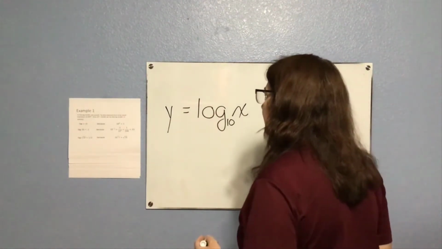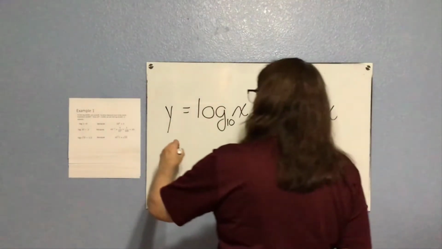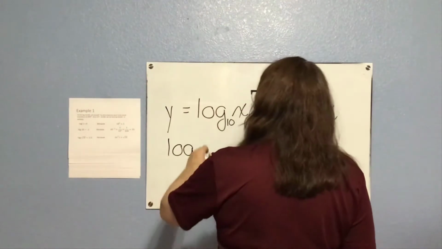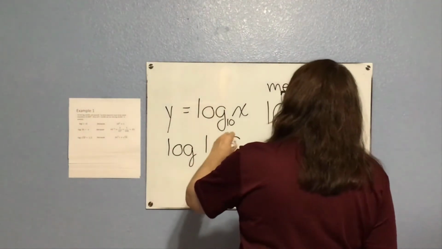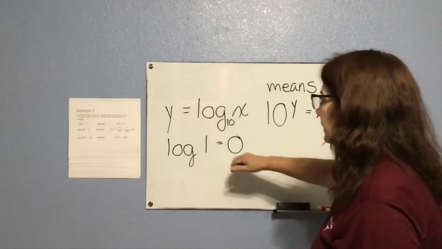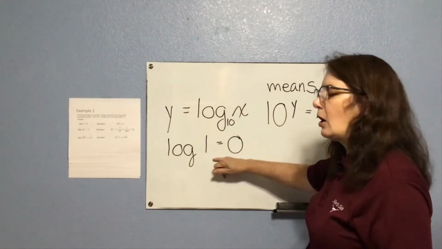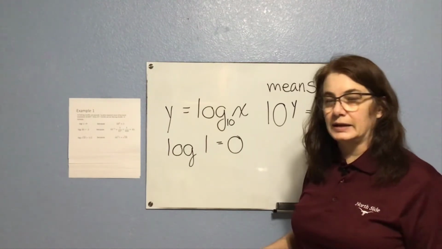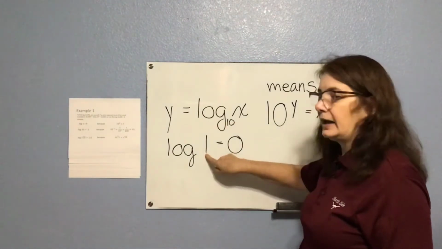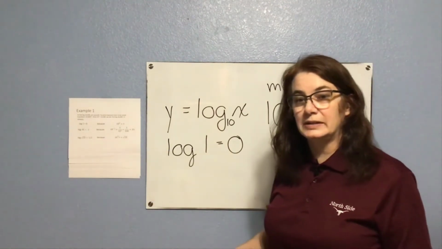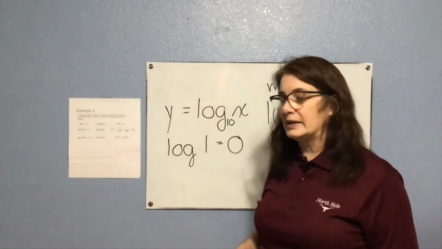So let's look at some logarithms and their values. The logarithm of 1 is 0. This is asking basically, what exponent do I need to raise 10 to so that I have 1? And if I take 10 to the 0 power, we know that's equal to 1.